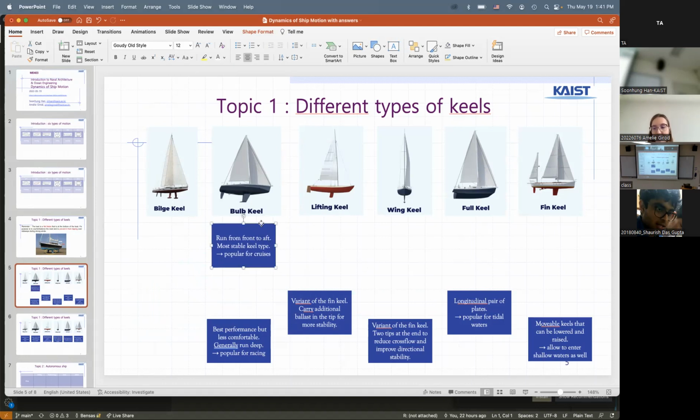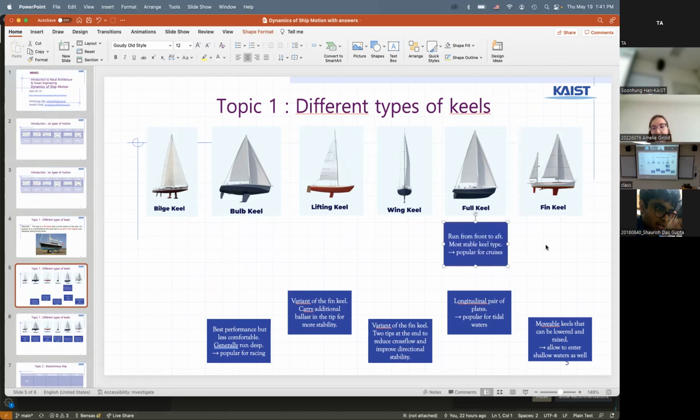No, full keel, the fifth one. You said bulb, right? Or full? Full keel. The fifth one. Oh, sorry. Okay, thank you. And I think that the fin keel is the second one that has the best performance, but it's not very comfortable.